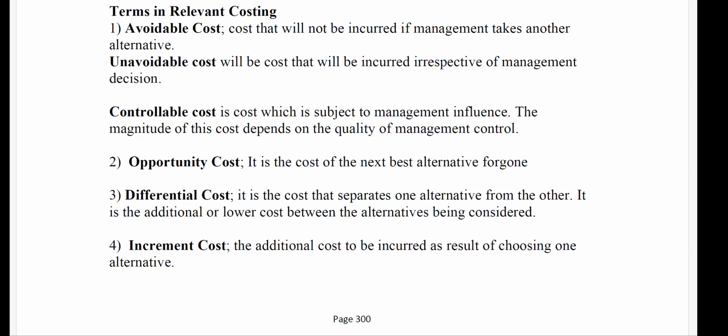So let's look at what we mean by relevant costs and revenues, or relevant cash flows, or relevant data. If you go to the exam and they ask you about relevant costs and revenues, or simply relevant data or relevant information.